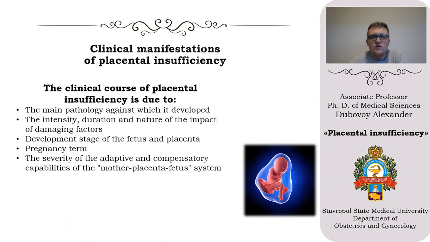The clinical course of placenta insufficiency is due to the main pathology against which it developed, the intensity, duration, and nature of the impact of damaging factors, the development stage of the fetus and placenta, pregnancy term, and the severity of the adaptive and compensatory capabilities of the mother-placenta-fetus system.